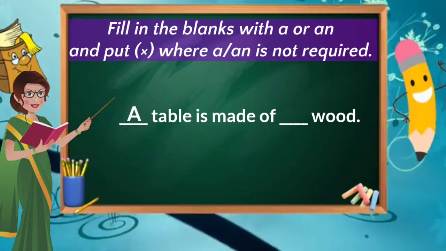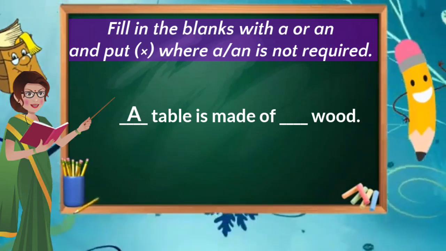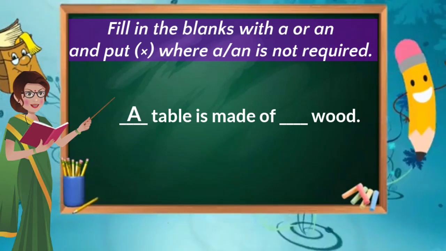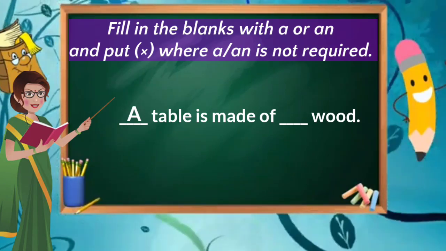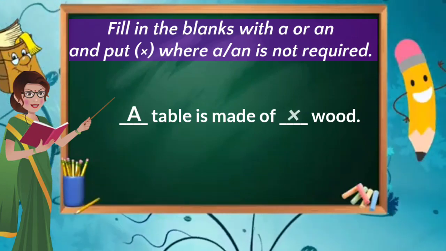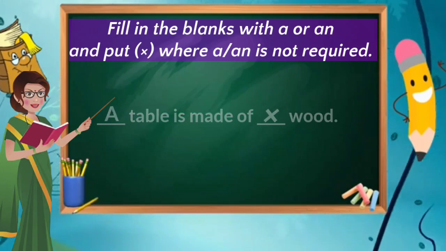A table. A table is made of dash wood. Listen, children, here we can't use a or an because wood is an uncountable noun. So here we just put a cross mark.